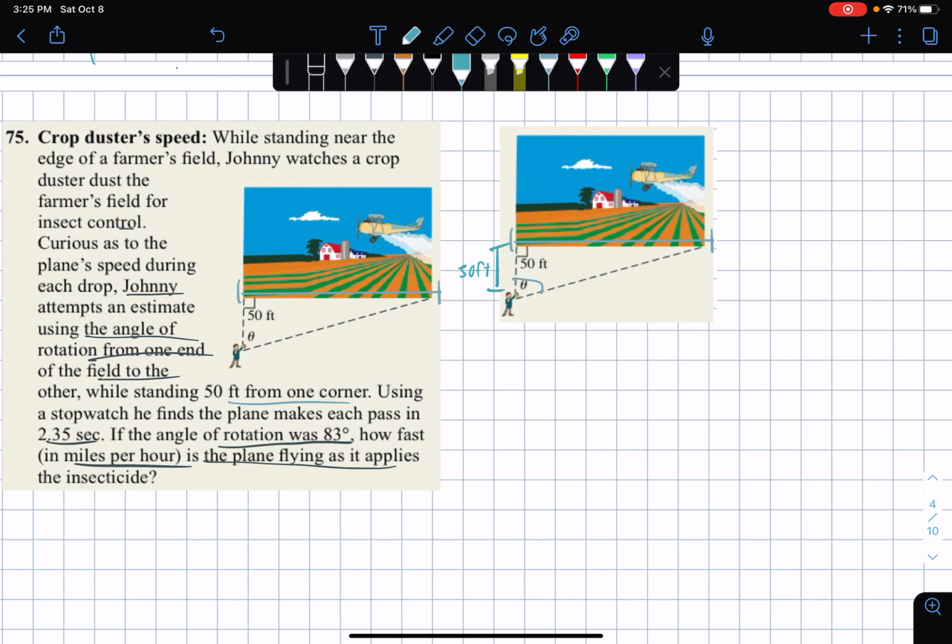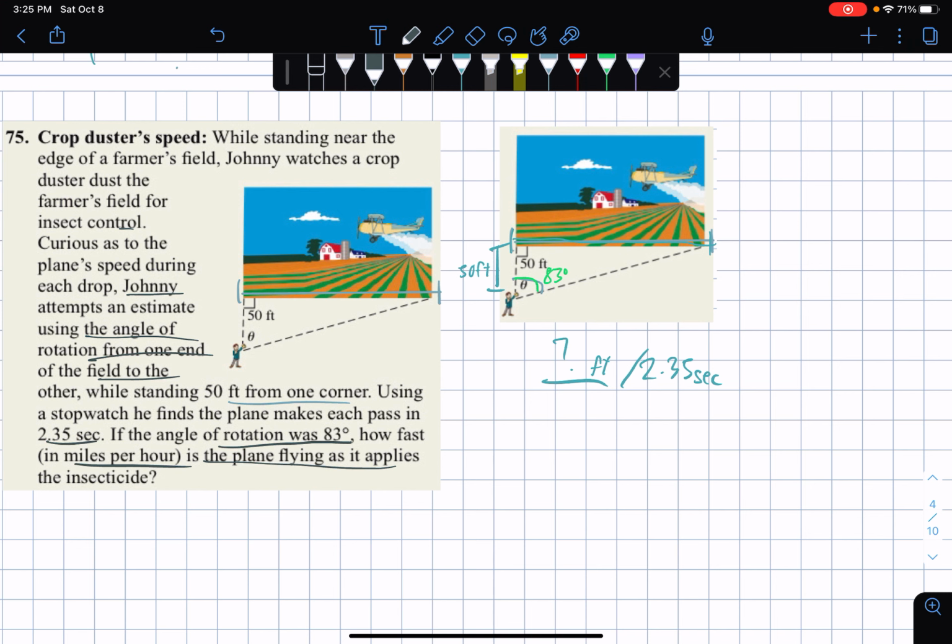The angle of rotation is 83 degrees, which could be considered as theta. And for the distance that the crop duster goes through to do its job of dusting the farmer's field for insect control, it's blank feet per 2.35 seconds. We have to look for the value. That's what we're looking for here.